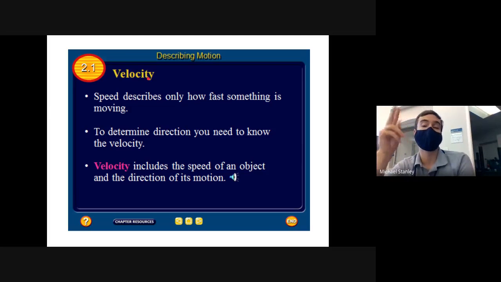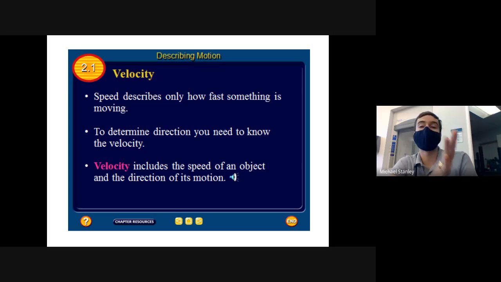Sometimes people get confused and think velocity and speed are the same thing. But velocity actually describes two things. Speed is just how fast something is going. Velocity is how fast it's going and what direction it's going in.